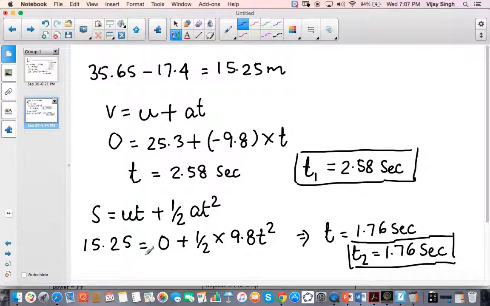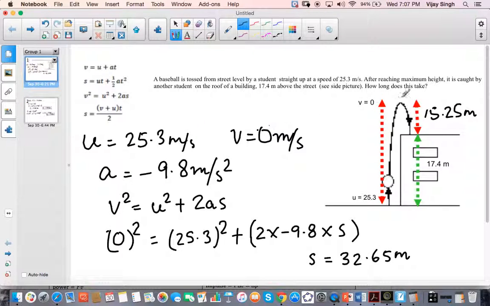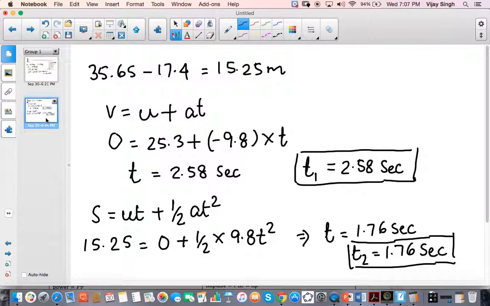Now the total time taken is t1 plus t2. The question was, how long does it take? So the total time is equal to t1 plus t2, and when you add 2.58 and 1.76, you get 4.34 seconds.